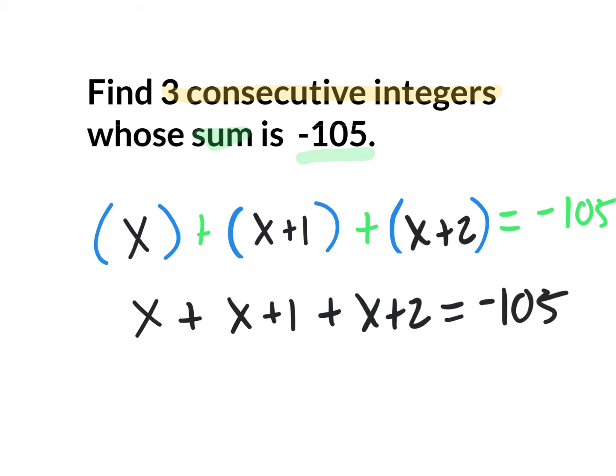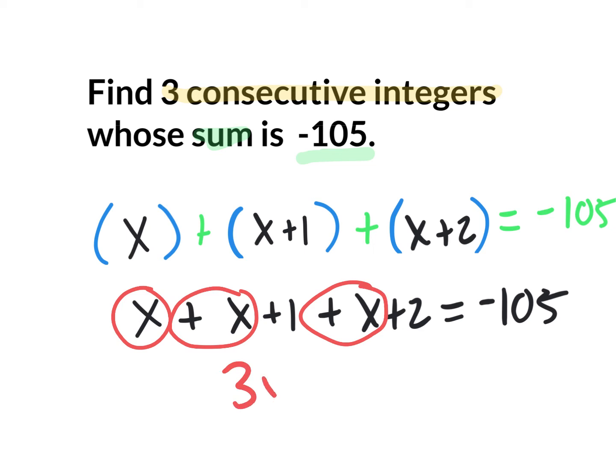There is no distributive property, but there is combining like terms. I could combine this x with this x, that's a total of 2 x's, one more x is a total of 3 x's. And then I could combine the plus 1 with the plus 2, which is a total of 3. So on the left side of my equal sign, I have 3x plus 3. On the right side, I still have the negative 105.